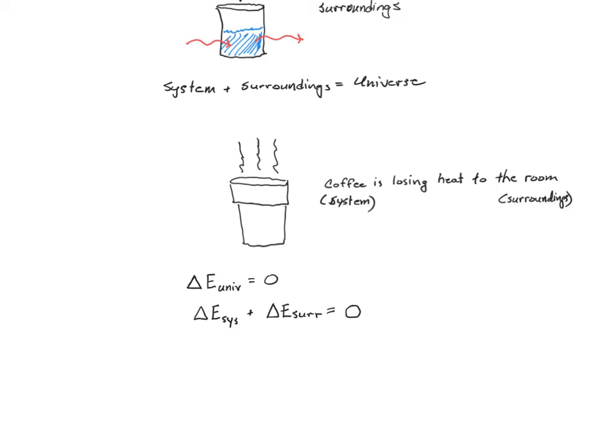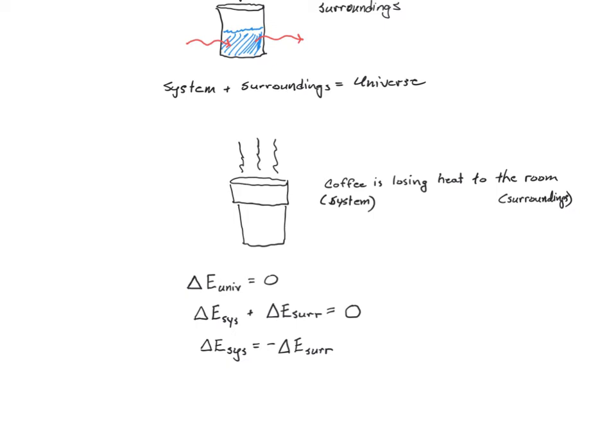Now let's take this one step further. What this tells us is that if there's any change in the energy of the system, it must be equal to the negative of the energy change in the surroundings. Isn't that exactly what we just talked about with this cup of coffee?